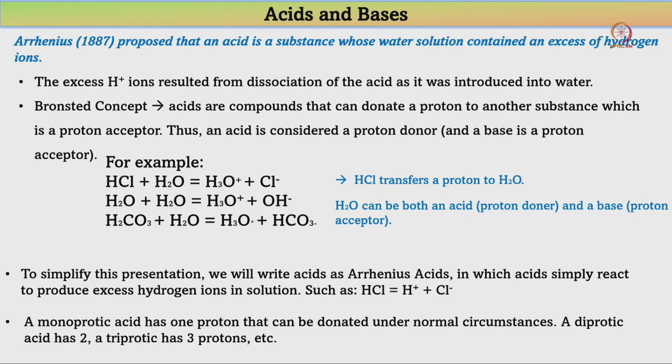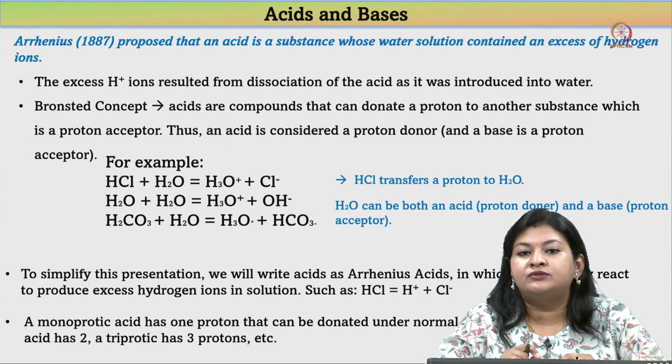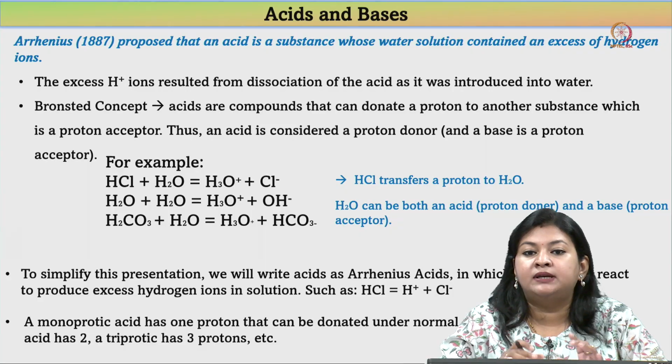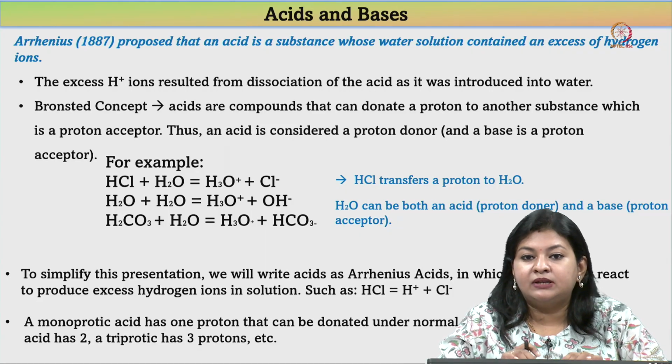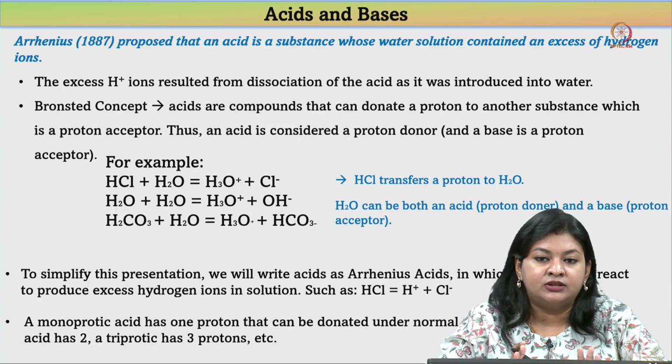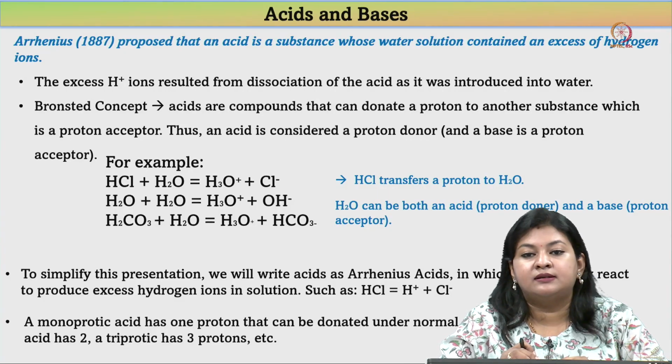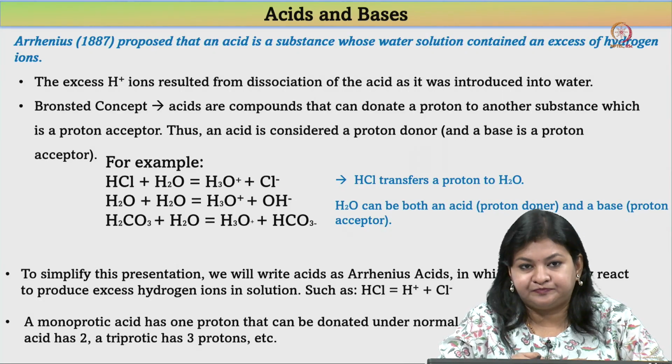The excess H plus ions resulted from the dissociation of the acid as it was introduced into the water. So, when it is forming a solution, immediately it will start a dissociation reaction, producing H plus ions, that is very particular of acids.